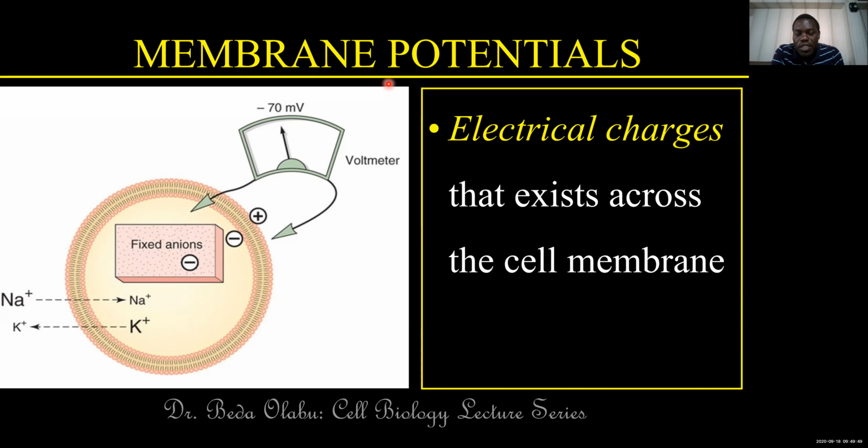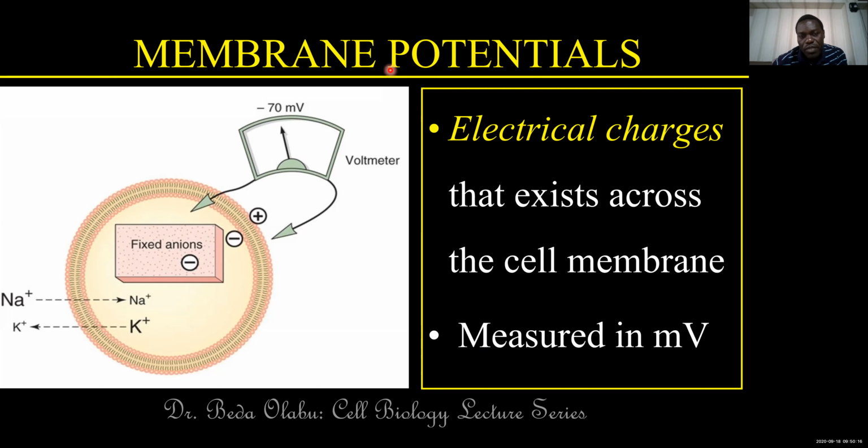So that means that there are some charges that exist across the cell membrane. The cell membrane is not neutral in terms of electrical charges. These charges are usually measured in millivolts. So the unit of measurement of the electrical charges across the cell membrane is millivoltage.